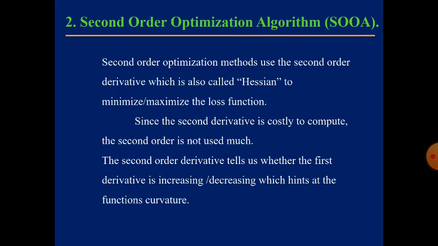Whereas the second order optimization works a little bit slower compared with the first order optimization, both with respect to time as well as memory. These are the two main differences between first order optimization and second order optimization. So with this we will wind up our optimization topic.